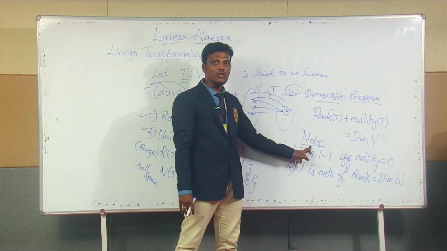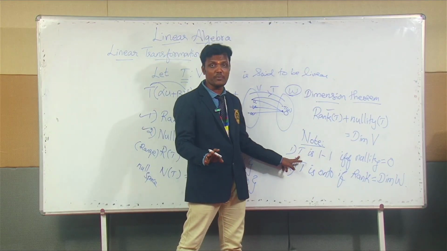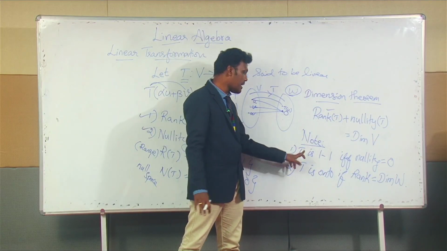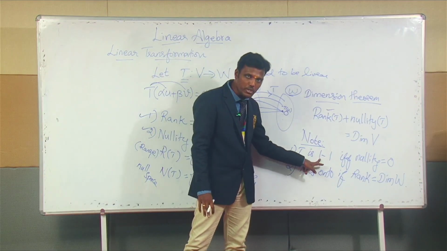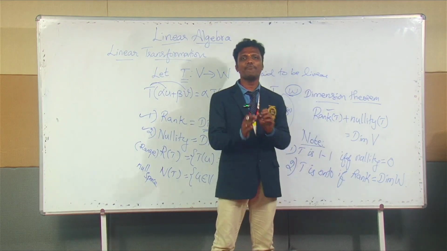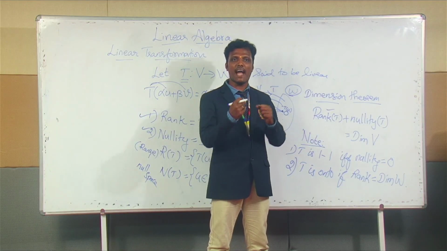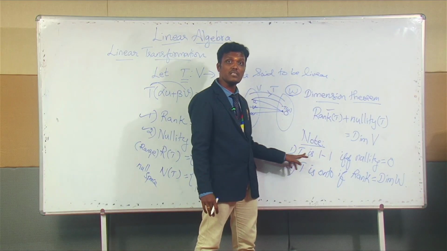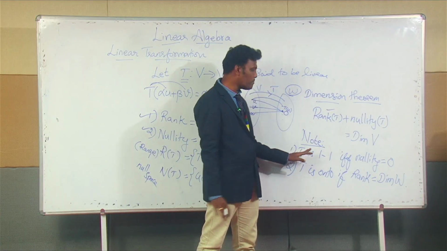So number 1, T is a linear transformation, all the conditions are satisfied, and you can say T is said to be 1 to 1 if and only if nullity equals 0. If the nullity value is 0, you can directly say the linear transformation T is 1 to 1. So this is a simple note you have to know.